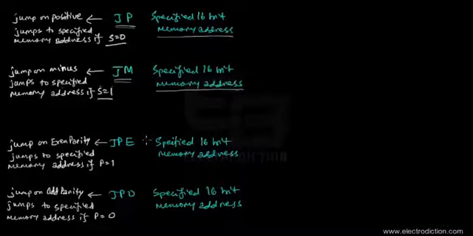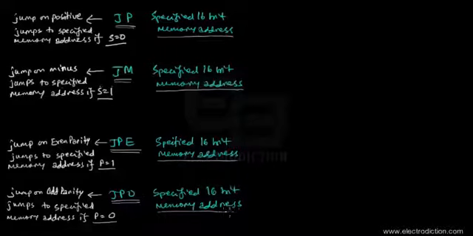Similarly, we have the other two instructions as well, that is jump on even parity, JPE, and jump on odd parity, JPO. For these instructions, the parity bit is monitored. If the parity bit is equal to 1, the JPE instruction gets executed, and if the parity bit is equal to 0, the JPO instruction gets executed, and the program control is transferred to the respective 16-bit memory addresses.